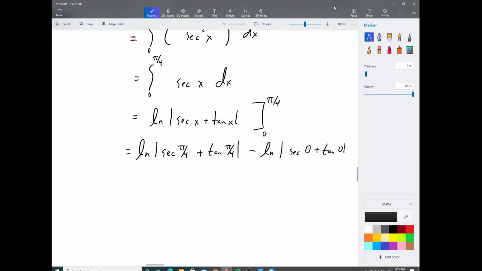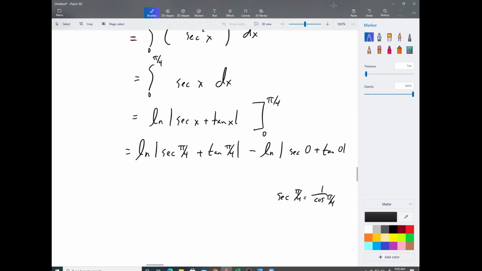And when you plug angles into trig functions, you've got to have the unit circle in the back of your mind. So a secant, remember, is the same thing as 1 over a cosine. For me personally, it's the cosines that I can remember.